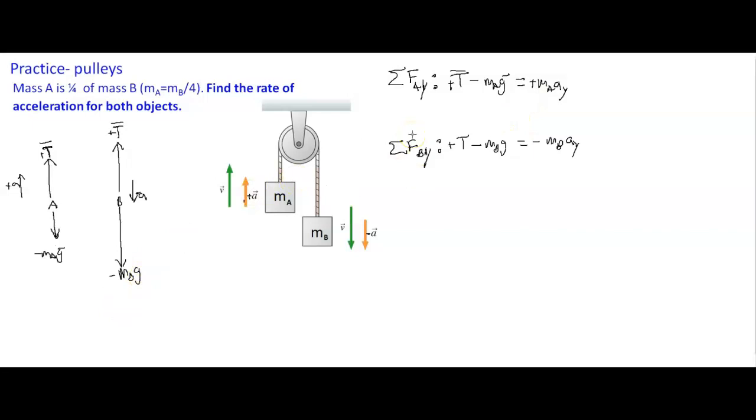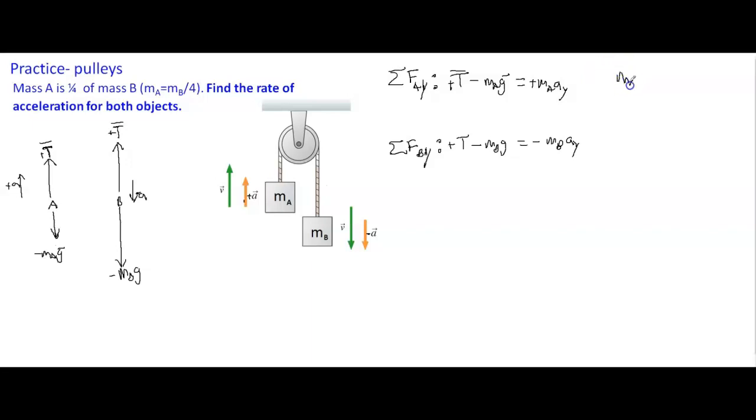So what we're going to do is combine these two equations together. Now, it doesn't really say this in the problem, but I think they want the answer in terms of mass B and gravity. So everywhere we see a mass A, we're going to substitute in mass B divided by 4.